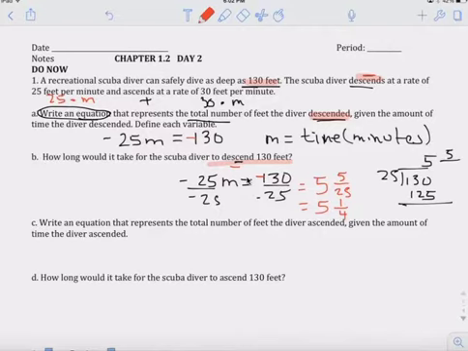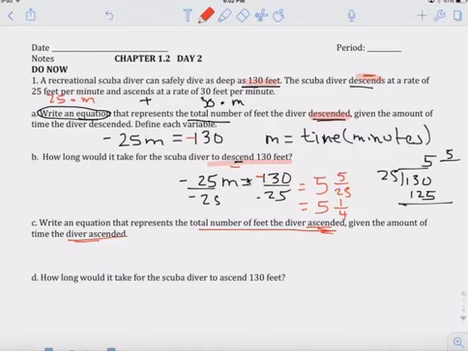Write an equation that represents the total number of feet the divers ascend going up, given the amount of time the divers ascend. Write an equation, given the amount of time.